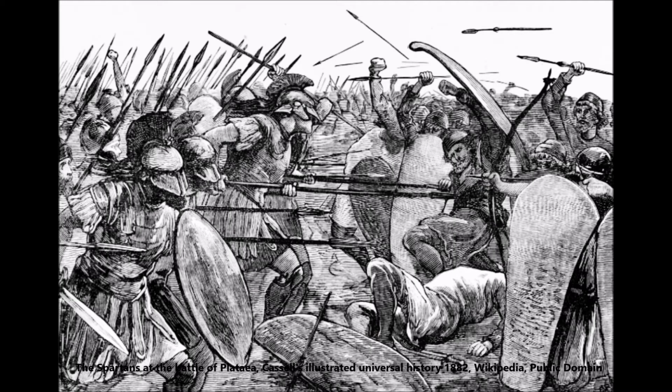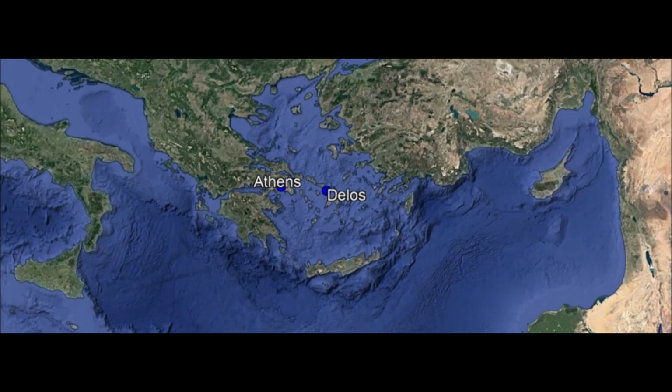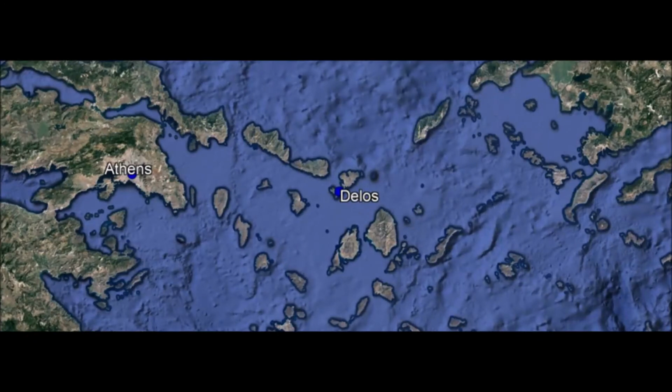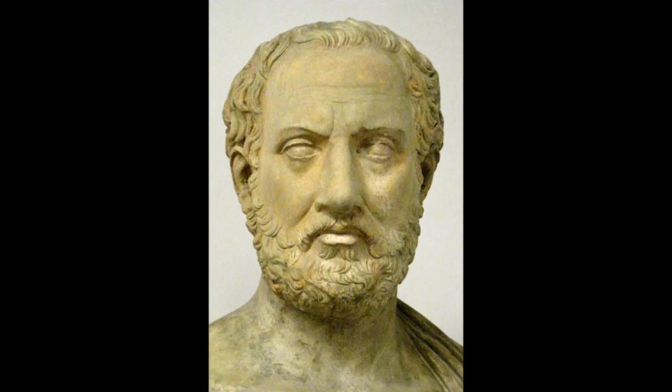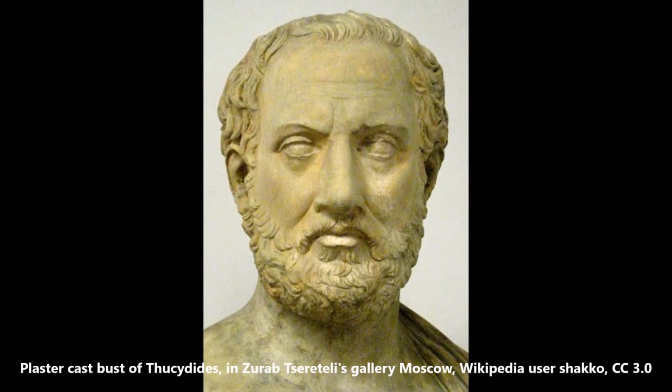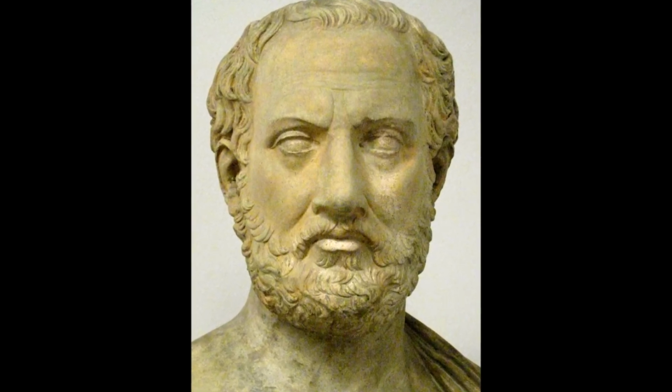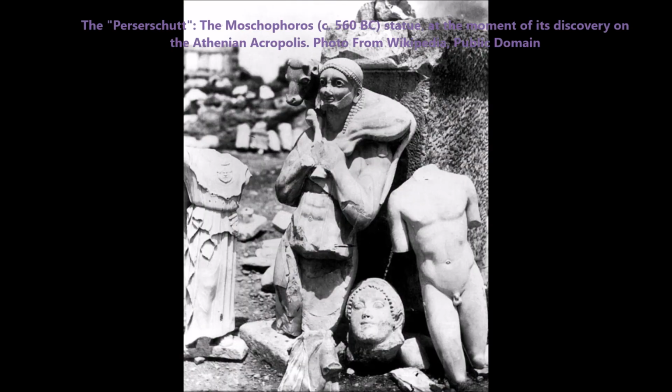In 478 BC, they formed a league to defend Greece, which they called the Delian League. The historian Thucydides tells us that from the start, the aim was to seek revenge over the Persian destruction of many Greek cities, including Naxos, Eretria, and Athens.